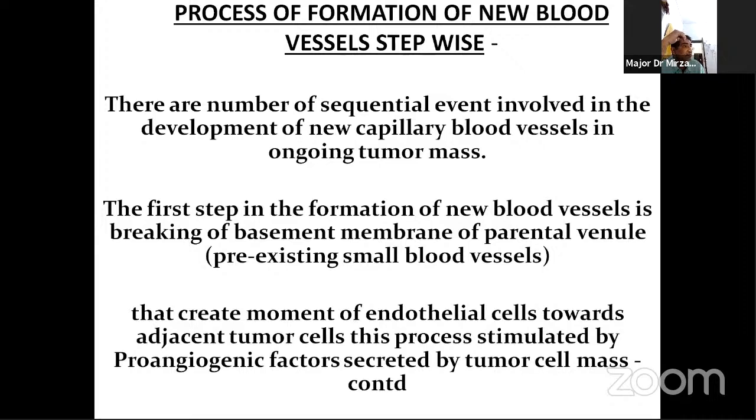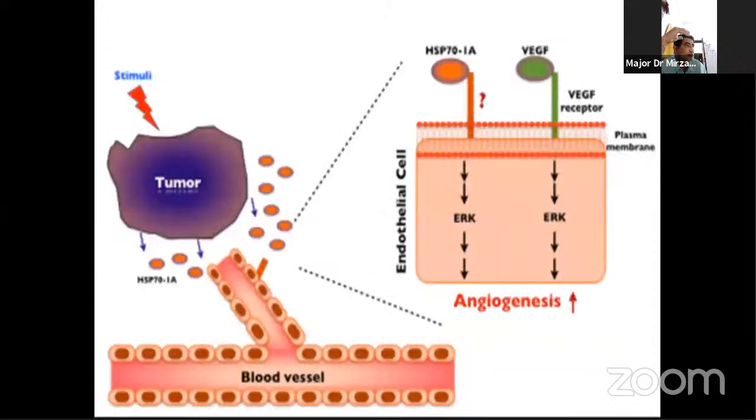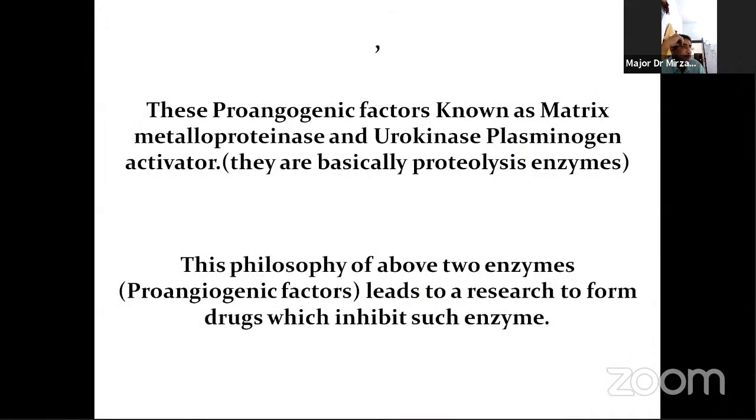The breakage is done by matrix metalloproteinase and urokinase plasminogen activating factors. They are termed pro-angiogenic factors. So first, the breaking of the basement membrane creates the movement of endothelial cells from the parent venule towards the adjacent tumor, close to the adjacent tumor cells.